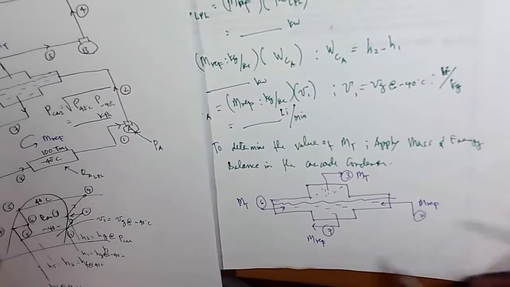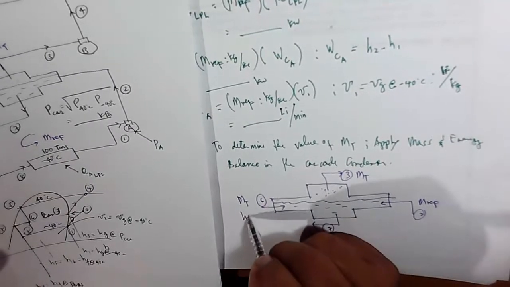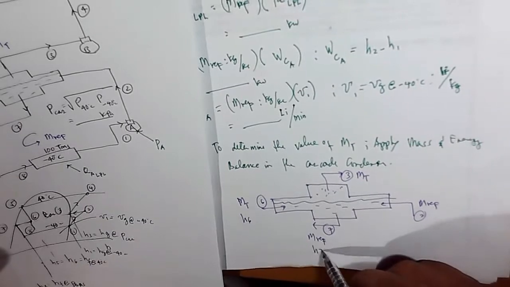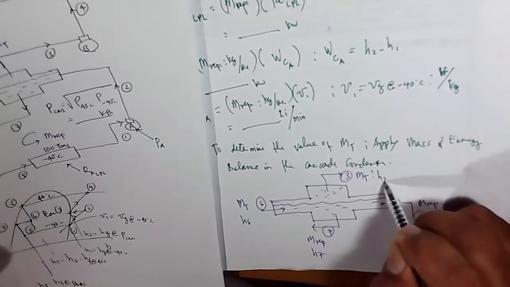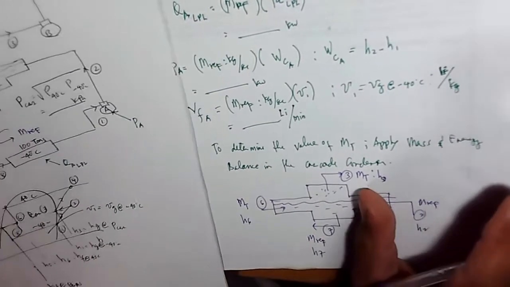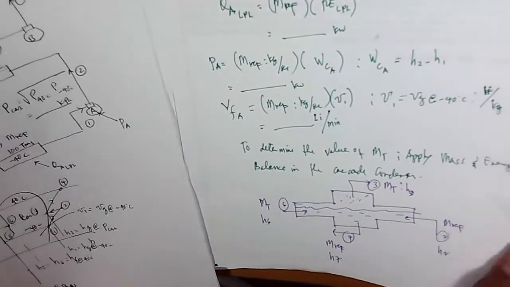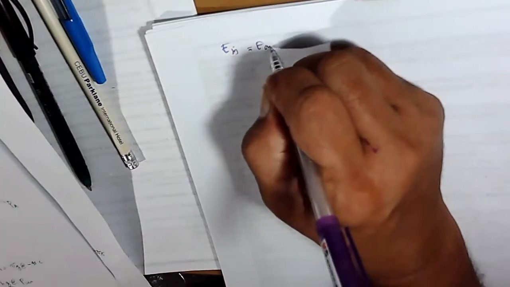And then at each point we have, of course, enthalpy, such as enthalpy 6, enthalpy 7, enthalpy 2, then enthalpy 3. Okay, then apply mass energy balance, energy in equals energy out, considering this.